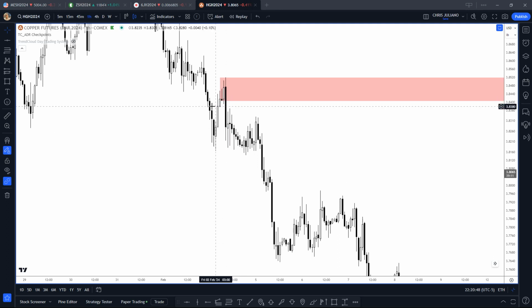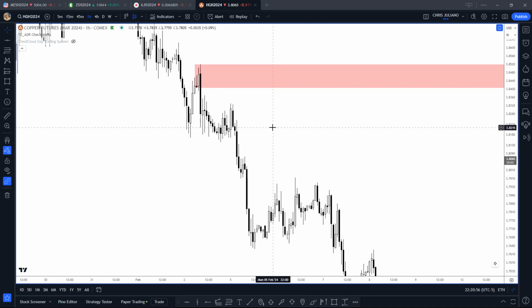Here is the formation, right? This is really just a rally and a drop, but it didn't really break structure until over here. So using the candlesticks is one way of identifying a strong supply and demand zone.